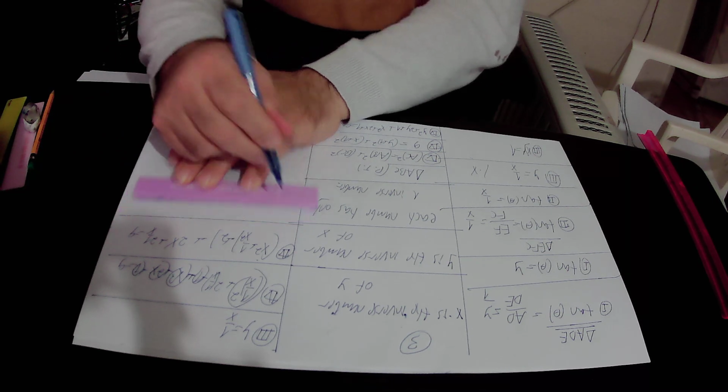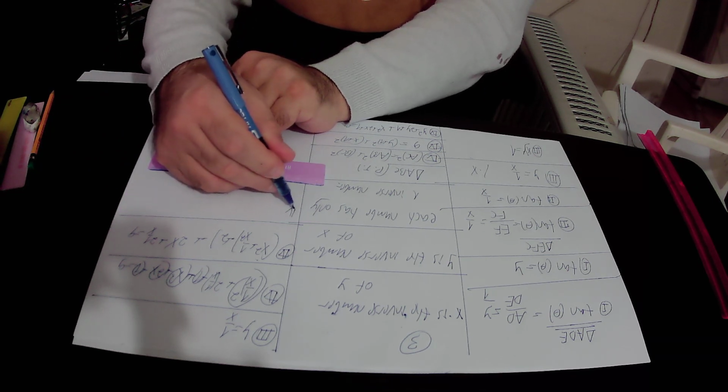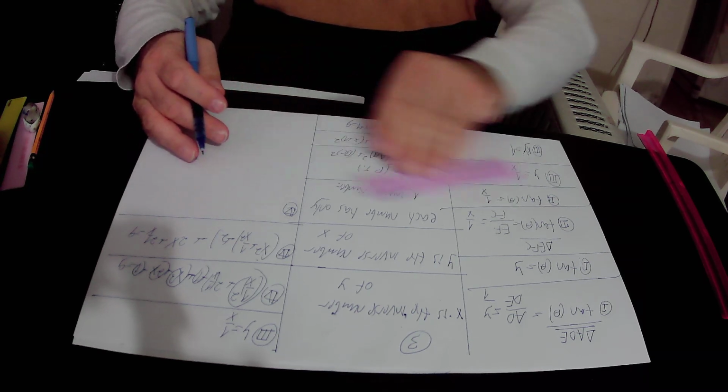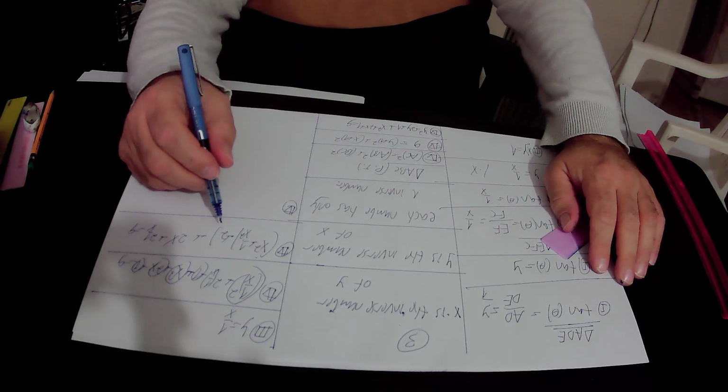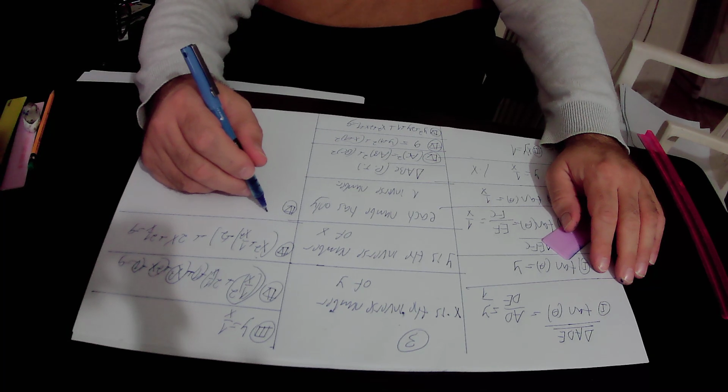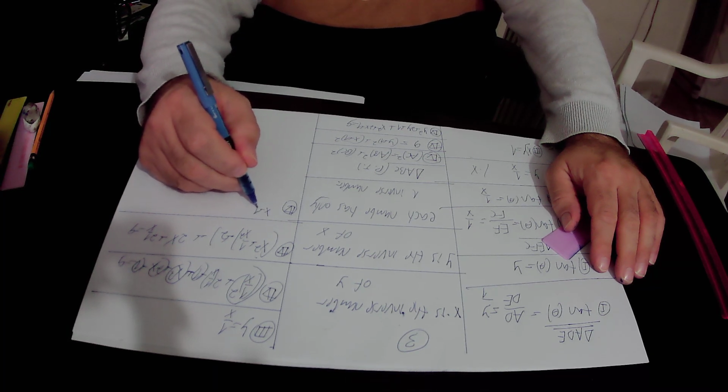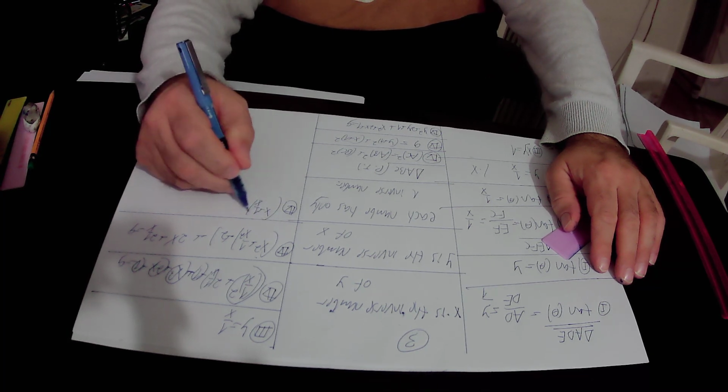Here the expression inside the brackets, x squared plus 1 over x squared plus 2, is equal to x plus 1 over x squared.